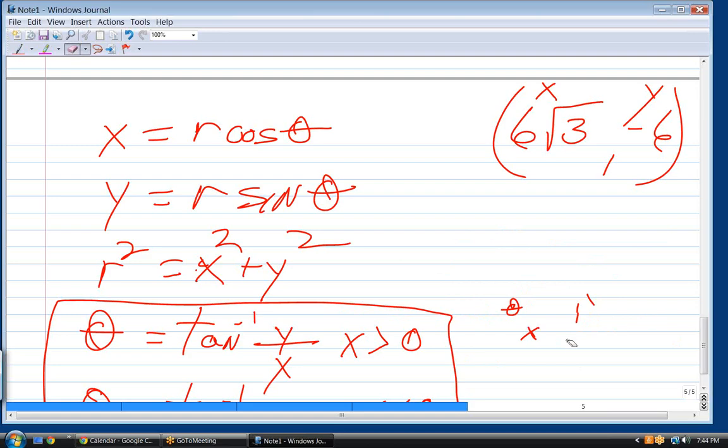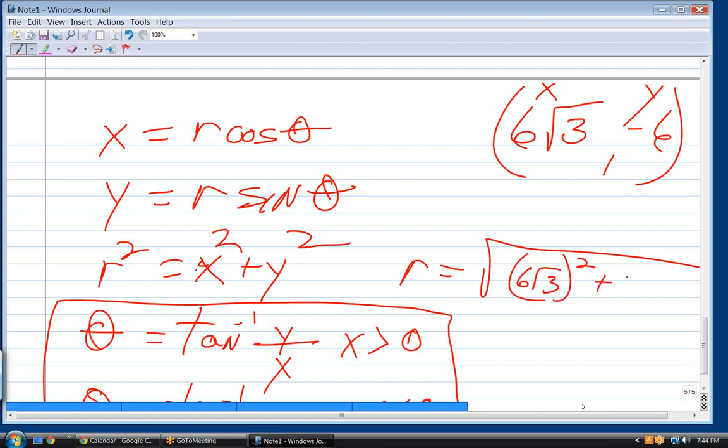So we need r. What is r going to be? That'd be the square root of x squared plus y squared. Which in this case, square root of 6 root 3 squared plus negative 6 squared. Okay, what's 6 root 3 squared?